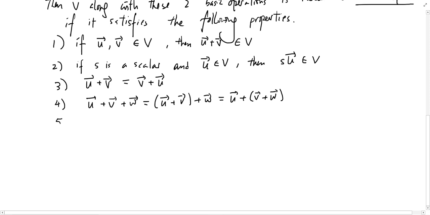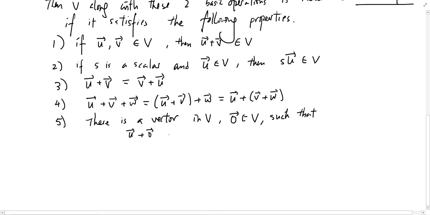Number 5. Now, this one is very important. There is a very special vector in V, which we call the 0 vector, such that when I take any vector u and add the 0 vector to it, that is the same as taking the 0 vector plus the vector u, and it is always vector u, for all vectors u in V. In a sense, property number 5 is called the additive identity property.